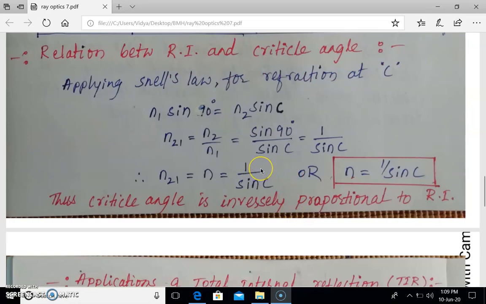Later we will discuss some numericals wherein we make use of this relation between the refractive index and critical angle. So critical angle is inversely related to the refractive index of the medium.